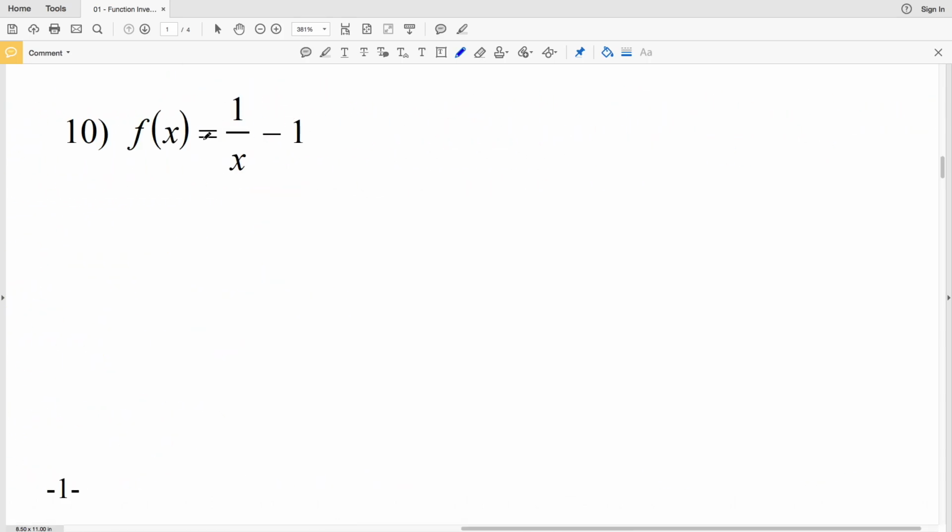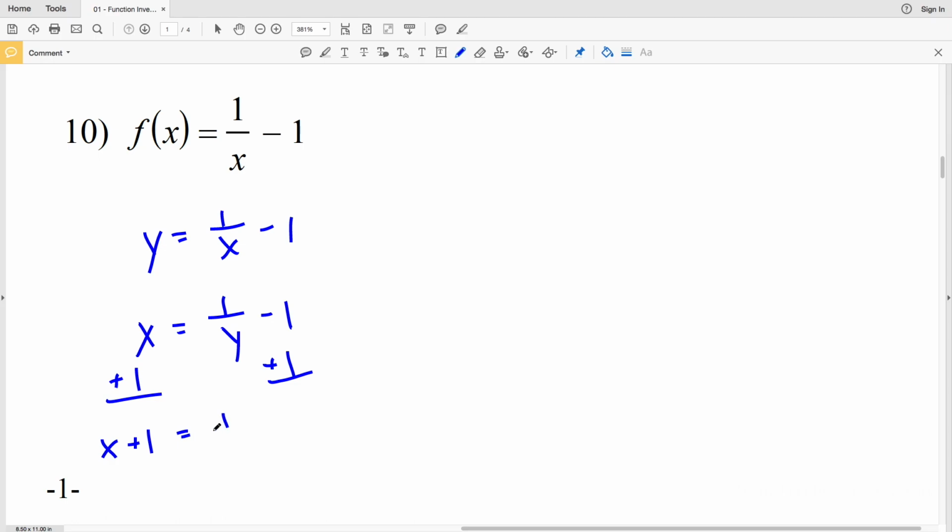For number 10, breaking it down, we have y equal to 1 over x minus 1. So we're going to switch y and x. So now we'll have x equal to 1 over y minus 1. So I'll add 1 to both sides of my equation to get x plus 1 equal to 1 over y. Now I want y out of that denominator, so I'm going to multiply both sides by y.